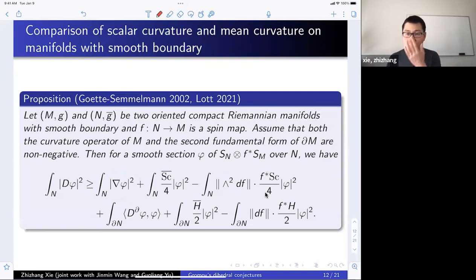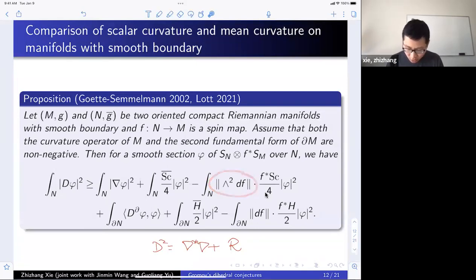You just need to identify all the geometric terms that appear. There's some extra curvature term, and we just need to identify what appears exactly in this context in this curvature operator. It turns out we have the scalar curvature coming from the manifold N. That's not surprising. We're dealing with a twisted Dirac operator here. And then you have the curvature operator. Oh, I think I'm stating a slightly more general fact here.